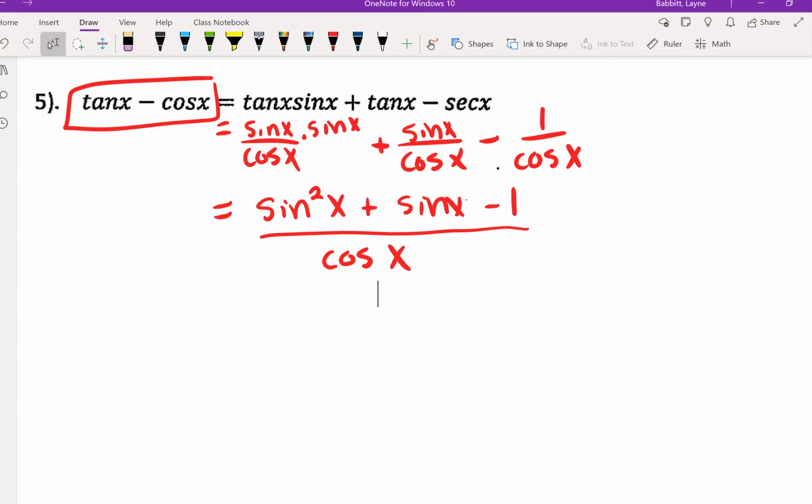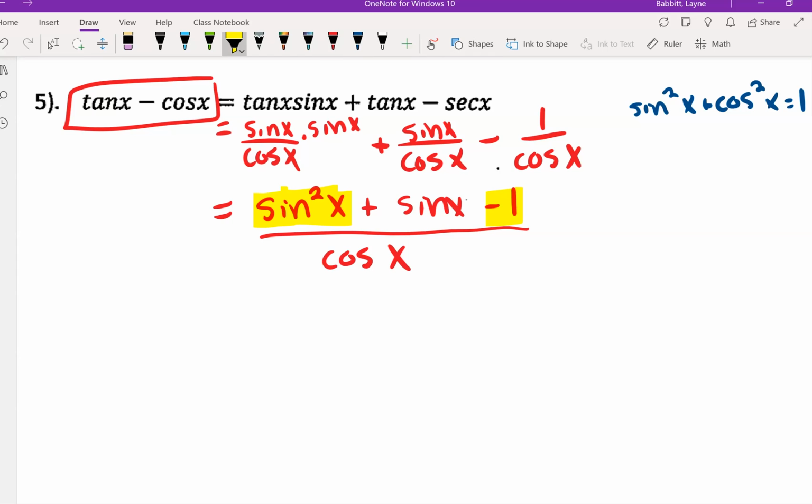Remember, our Pythagorean identity that involves sine is sine squared x plus cosine squared x equals 1. Well, what I have here, if you look at this part and this part, I have sine squared x minus 1. Which is somewhat related to this.